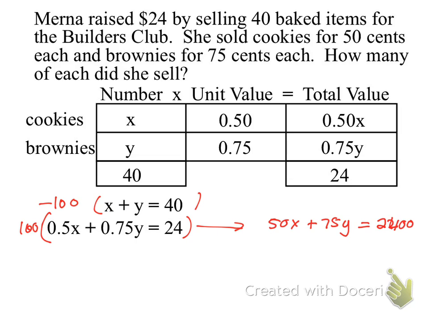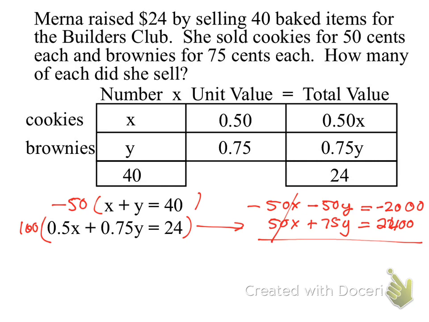And then I'm probably going to multiply the top one by -100. So I end up with not -100. I would multiply by -50. So I get -50x minus 50y equals -2,000.